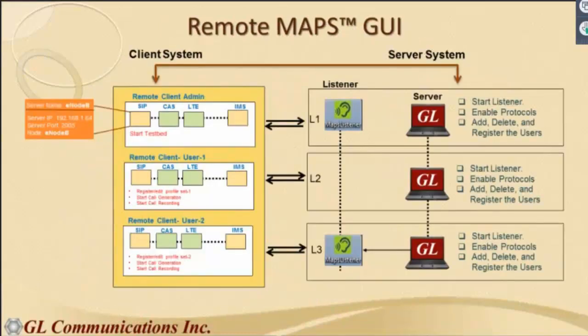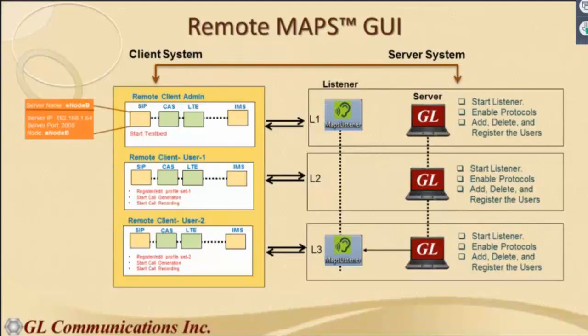So here we are trying to depict that. Each server will have multiple MAPS applications installed, and each server will have one listener. This listener will list out all the products which are installed on that particular server.